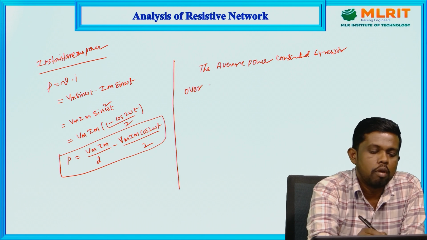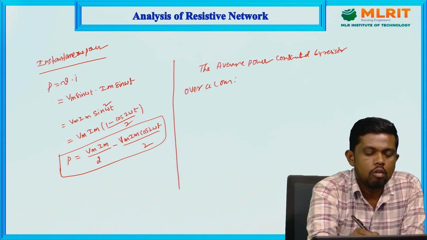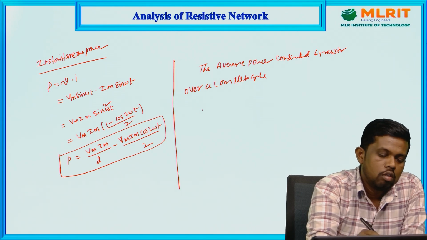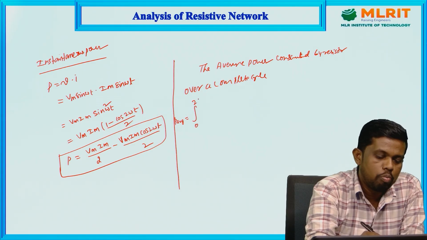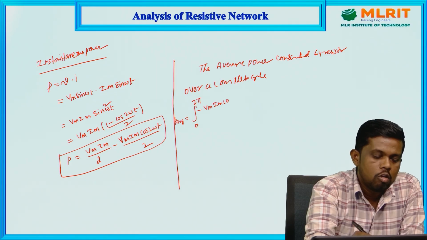So P average equals the integral from 0 to 2 pi, considering one complete cycle, of Vm Im cos 2 omega t divided by 2 into d omega t.